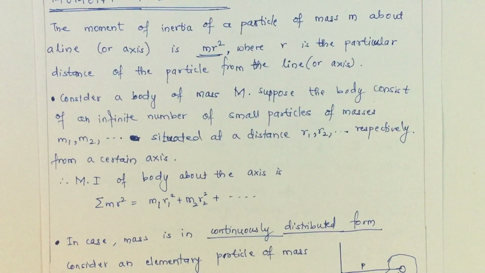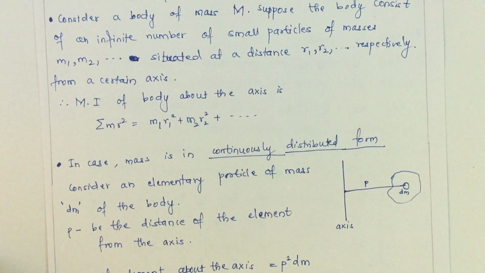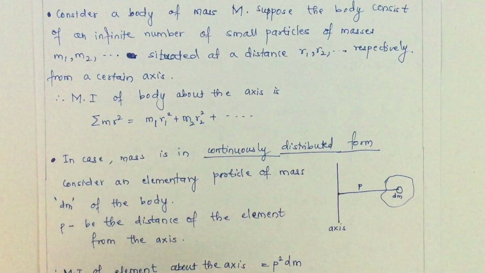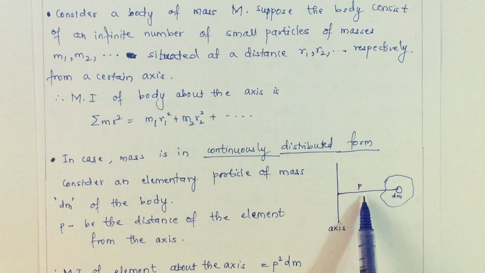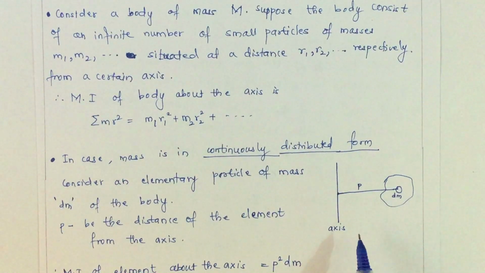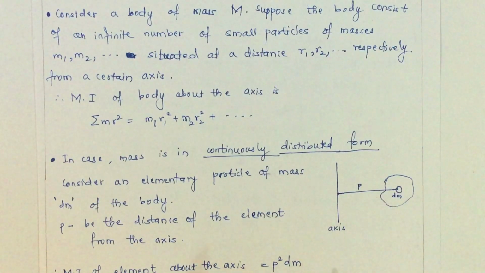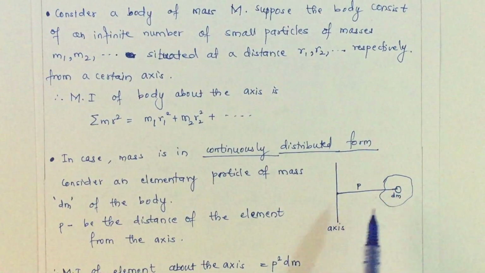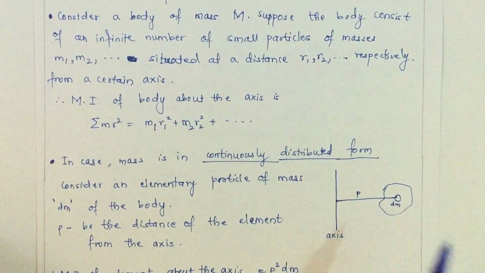Suppose the mass is distributed continuously. Then we consider a small elementary mass, say dm, of the body, which is situated at a distance, say p, from the axis. Then the moment of inertia about the axis is p square dm for this small element, and the moment of inertia for the whole body will be the summation of p square dm.